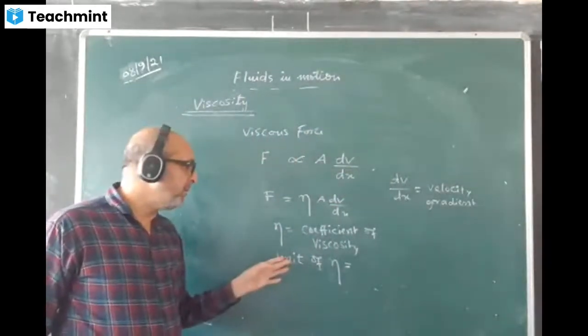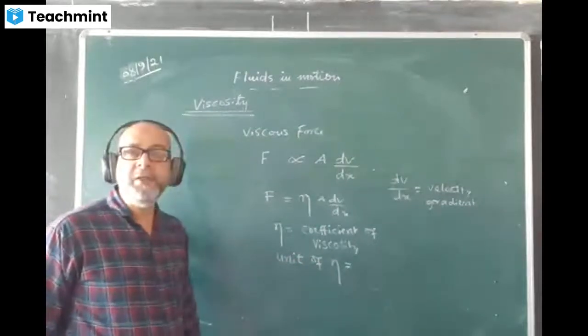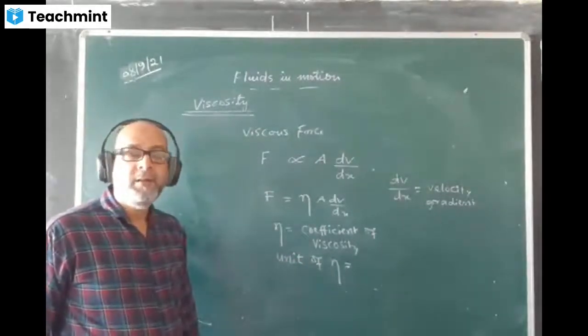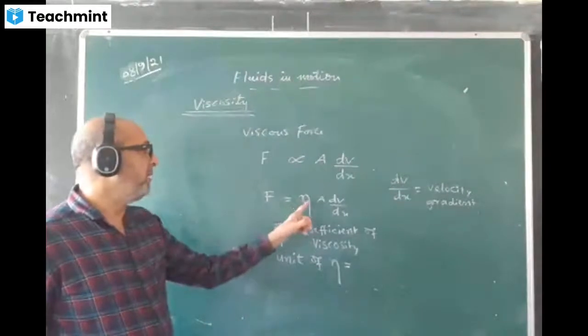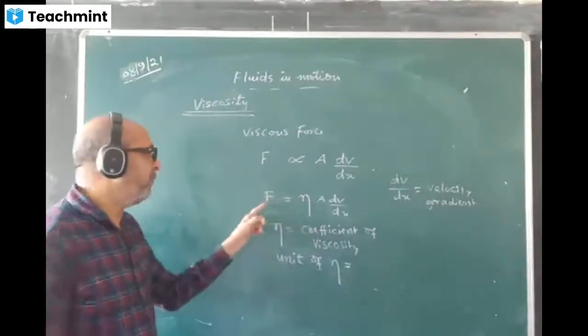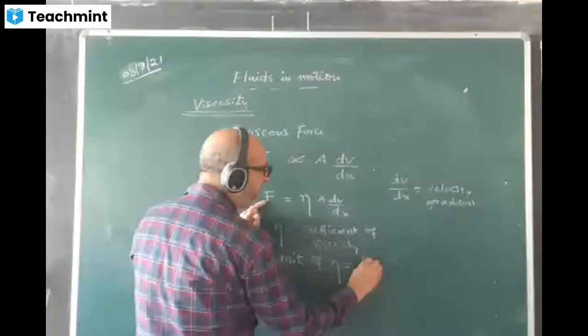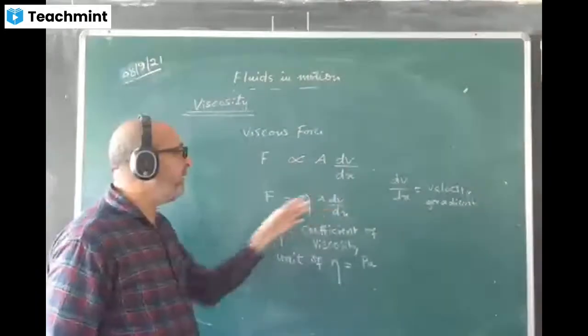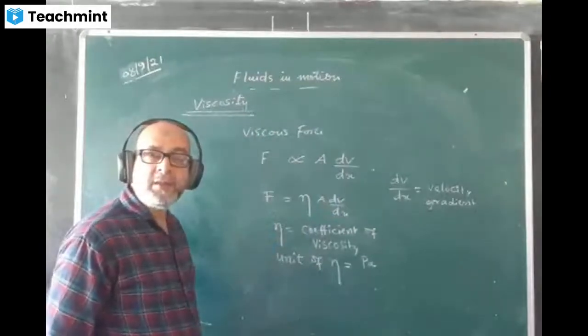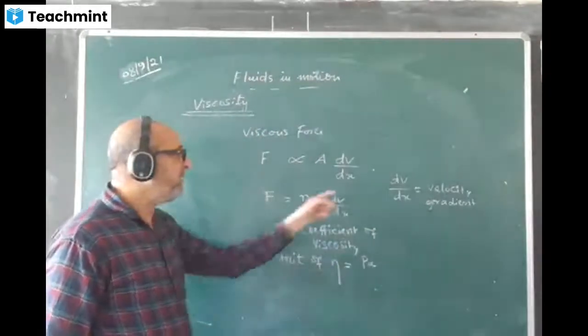Can you guess what can be the unit of eta? What can be the unit? The unit is this way: eta equals F by A divided by dV by dx. Force by area will make pressure, that is Pascal, Pa. And dx by dV will make what? Can you guess? x is the distance and V is the velocity.